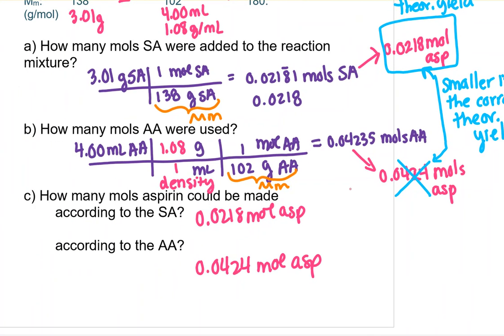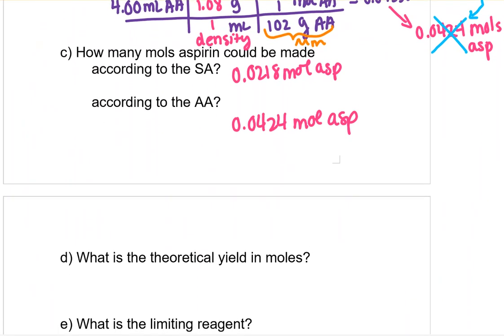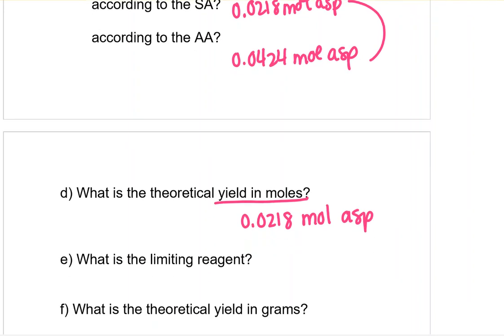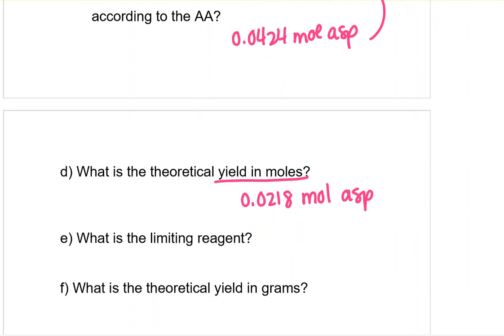Okay, I just brought those numbers down over here. So what is the correct theoretical yield? Again, I looked at these two, and the smaller number is the correct yield in moles. Watch for that, because sometimes we ask for it in grams and sometimes in moles. This is it in moles. Next, what is the limiting reagent? A reagent is always a reactant.